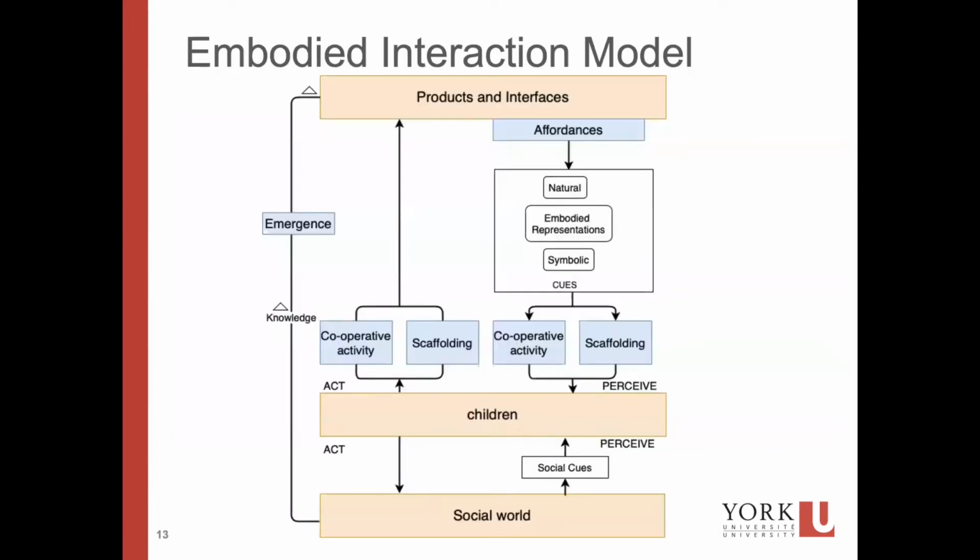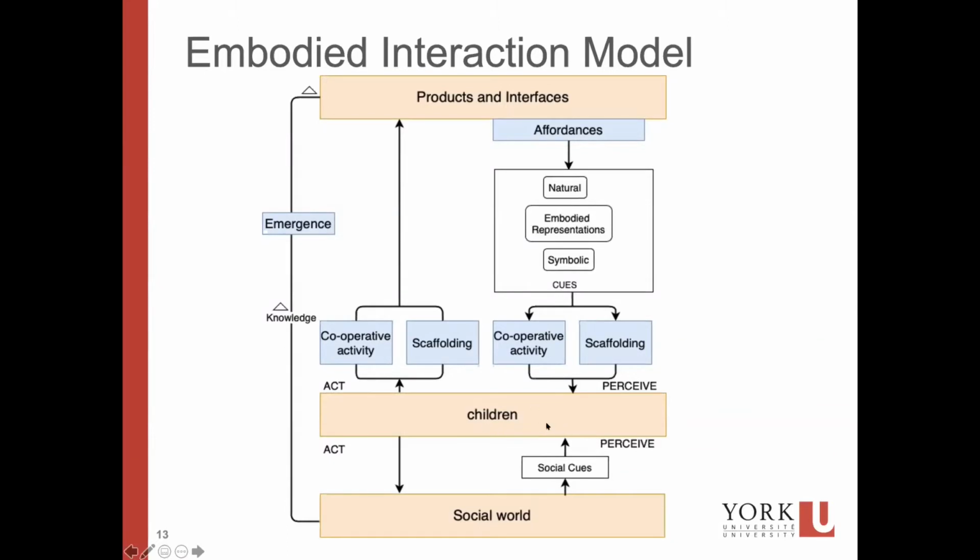So finally, how do you incorporate all of these aspects of embodiment in a particular interactive product? Now, this particular model will just explain to you where you'll be using these aspects. This is also based on the perception action model. So if you look on the right-hand side, it is the perception section.